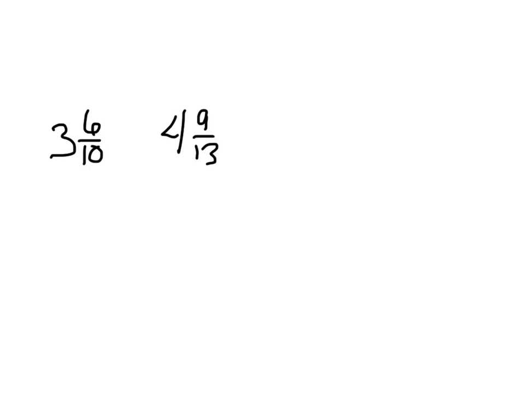Well, if I asked you which one of these is bigger, it should be obvious. This number is 3 and a little bit more. This number is 4 and a little bit more. So 4 is more than 3. So think about this as the ones place and the fractions place, right?